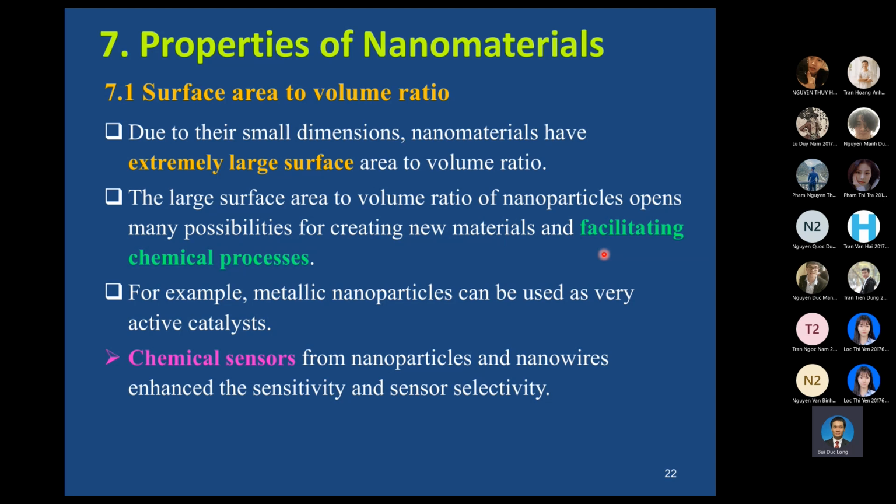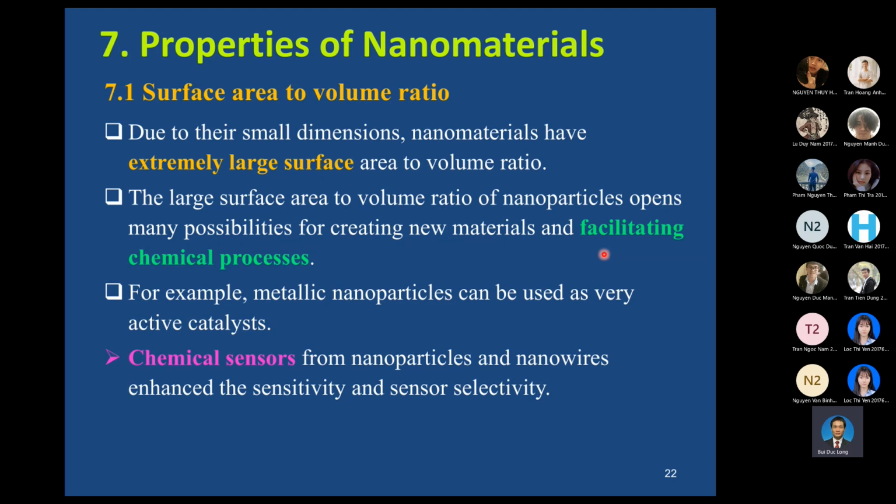Of course, at nanoparticle size, because the surface area to volume ratio is high, the contact surface will be higher compared to the bulk material. Thus it makes the difference between nanomaterial and bulk material.